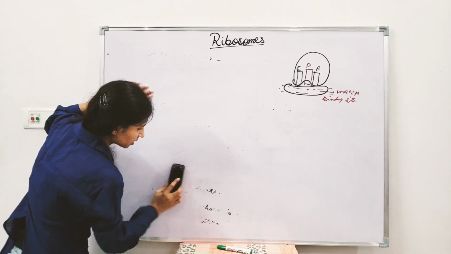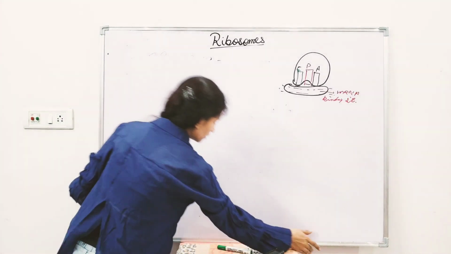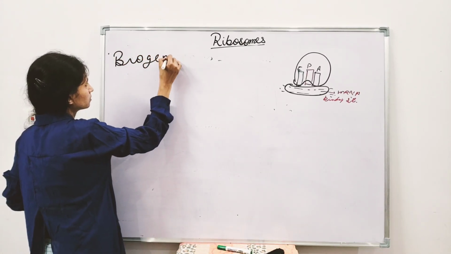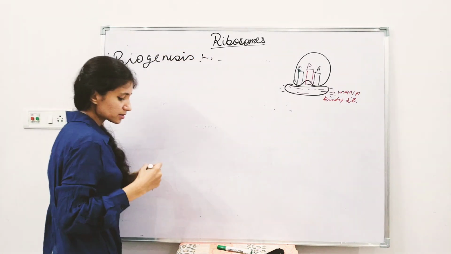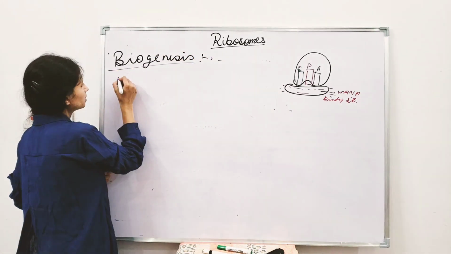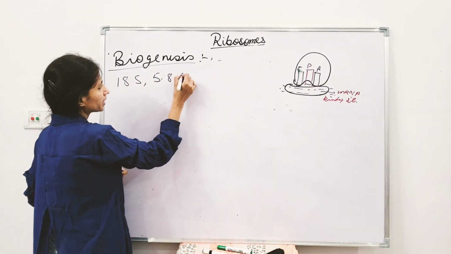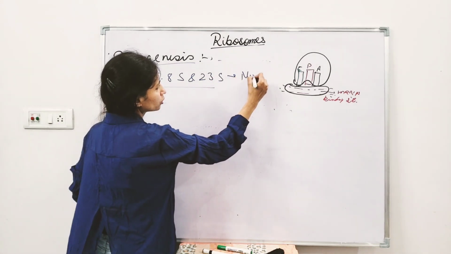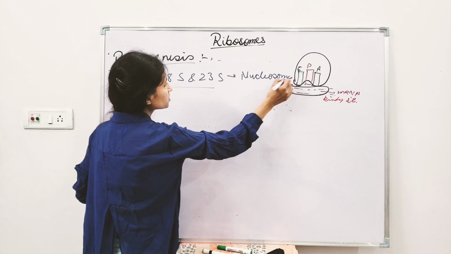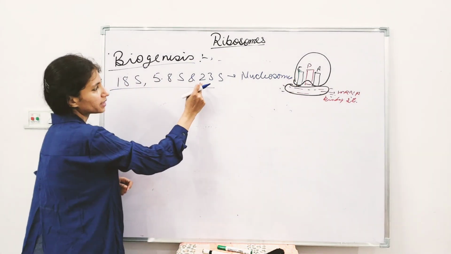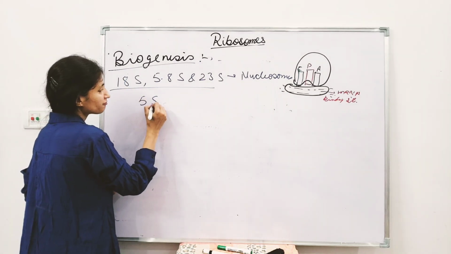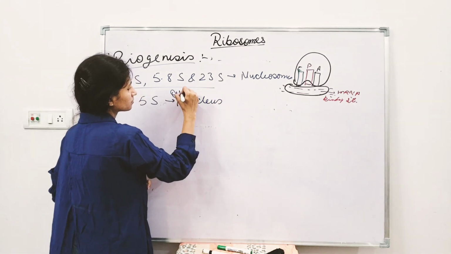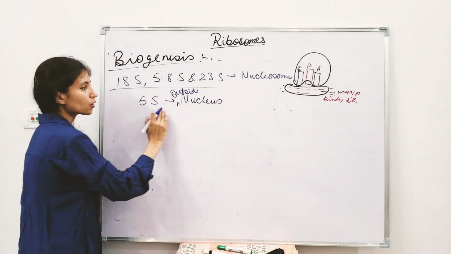As we have discussed, there is not only one ribosomal RNA. The 18S, 5.8S and 28S rRNAs are synthesized in the nucleolus, whereas the 5S rRNA is synthesized outside the nucleus.